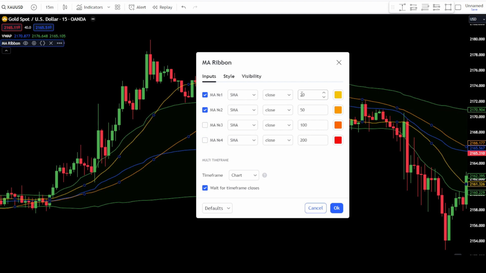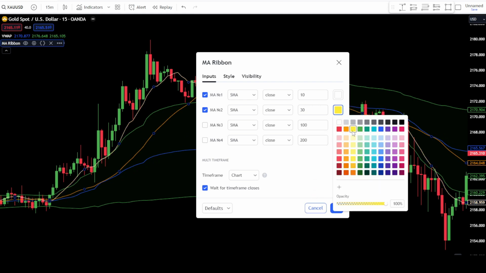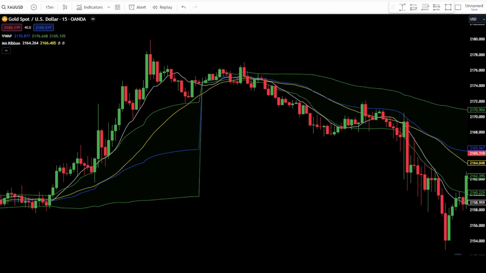Then, set the length of SMA1 to 10 and the length of SMA2 to 30. Also, adjust the color and thickness of the lines for each SMA according to your preference. Once done, click OK to confirm the changes.